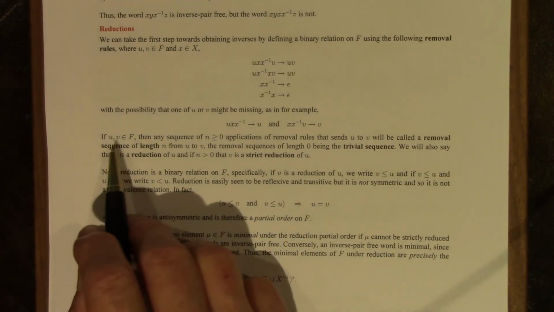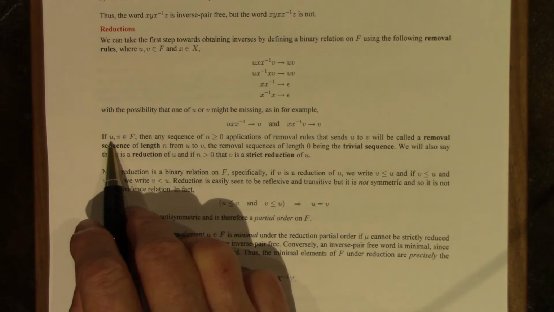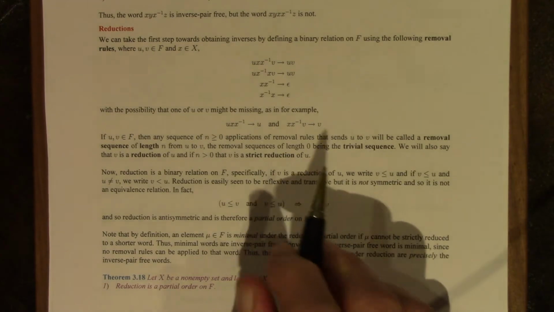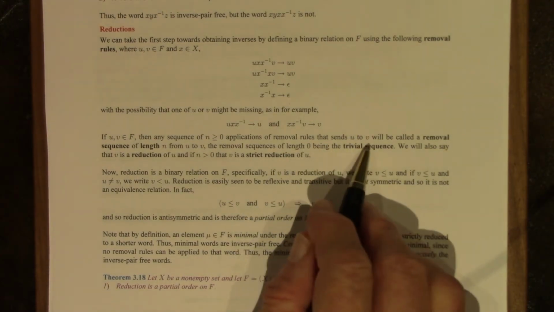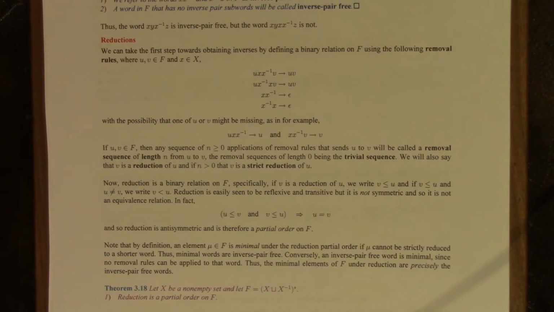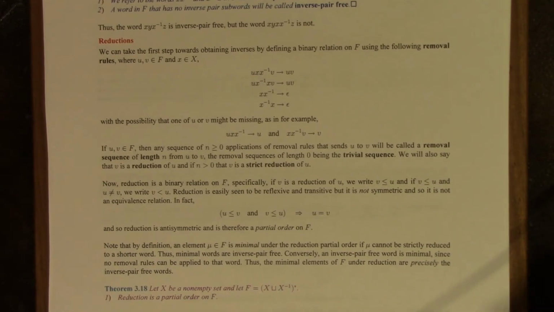And if we have two words in the monoid, u and v, any sequence of n applications, n could be 0, of removal rules that sends u to v, I'm going to call a removal sequence of length n from u to v.